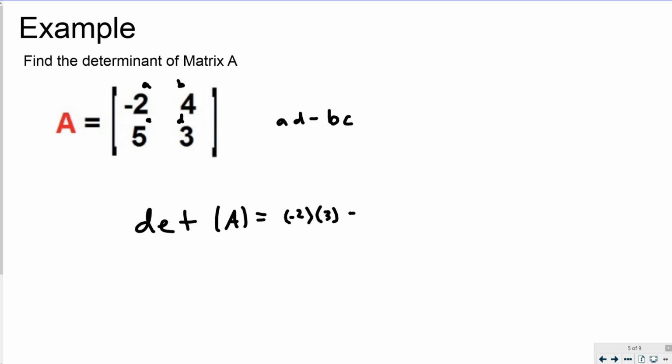And then we're going to subtract element B, 4, times 5, element C. So the determinant of A is equal to -6 take away 20. -6 take away 20 is -26. And that's it. The determinant of matrix A is -26.